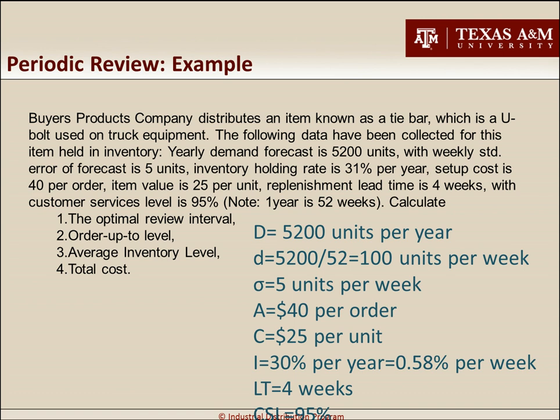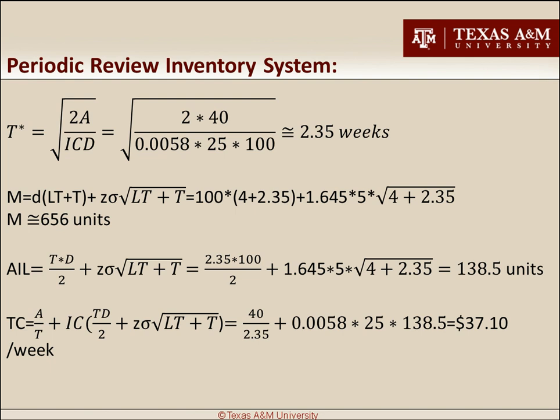Standard deviation is 5 units per week. Setup cost is 40. C is 25. Inventory holding rate is 30% per year, which is 0.58 per week. And lead time is 4 weeks, with a customer service level of 95%. So let's go solve this problem.